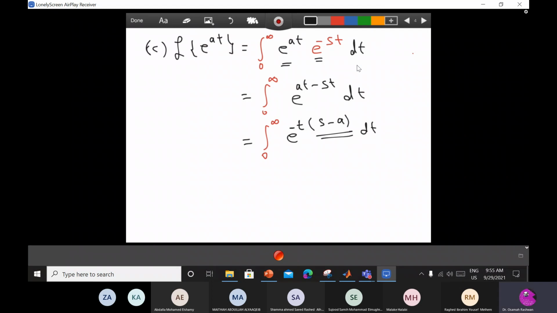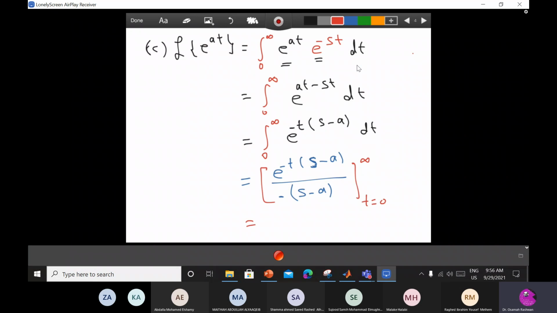This is constant, so the integration will be e to the minus t times s minus a, divided by the derivative of the power, which is s minus a, and I have minus here, right? And don't forget, this is from t equal to 0 to infinity. I know e to the minus infinity, when I substitute by infinity, will be 0, right?